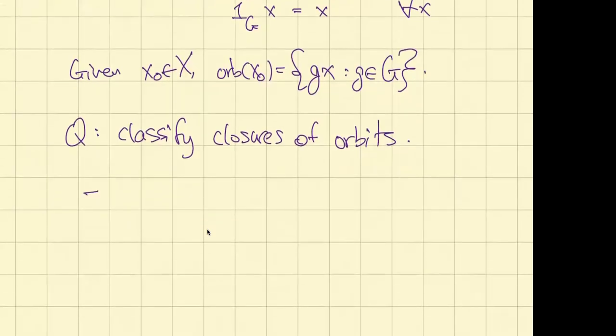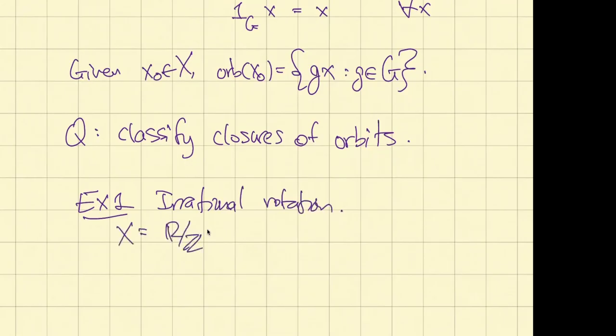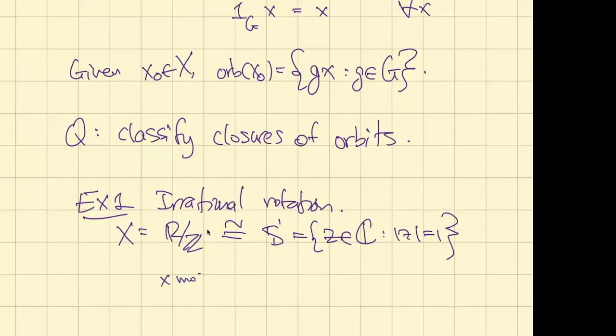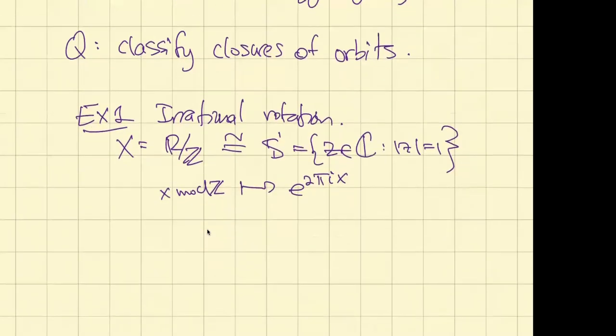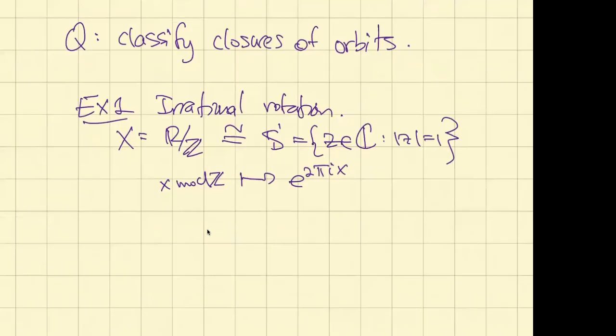Example one is an irrational rotation. Here X is the quotient of R by Z. It's the one-dimensional circle, which is identified with the unit circle by the map x mod Z to e to the 2 pi i x.